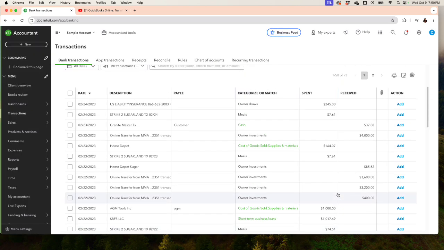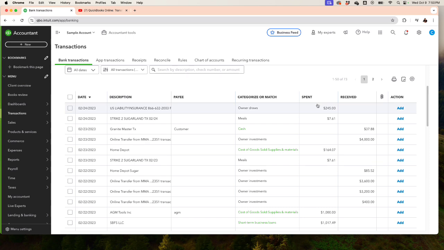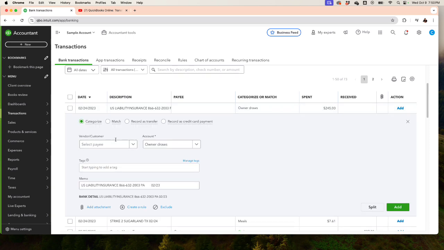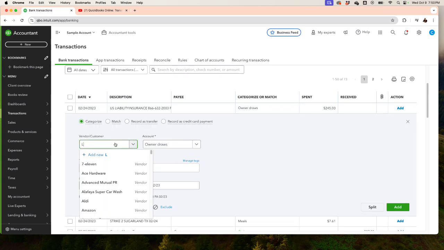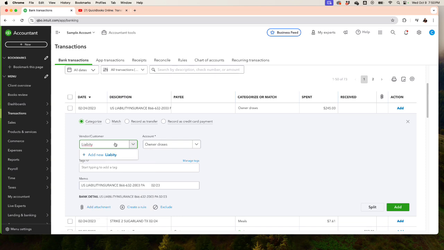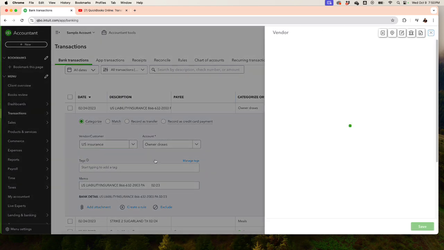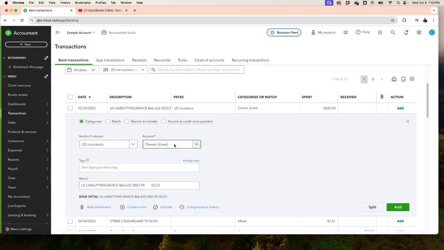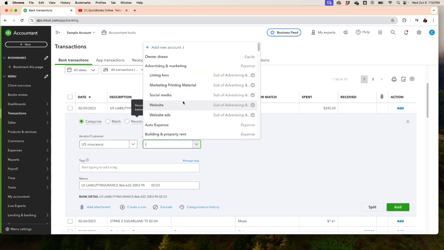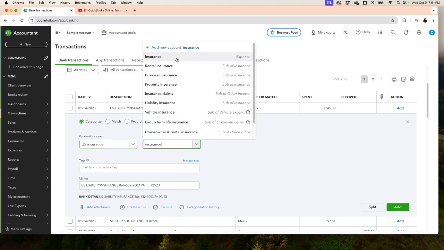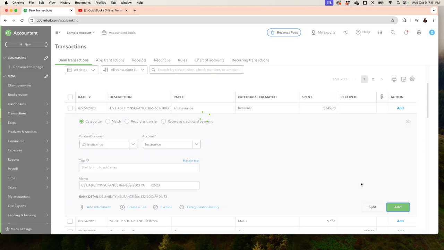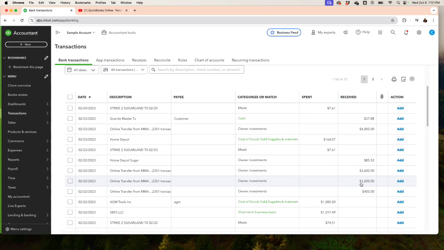Okay. And this one is supposed to be insurance. Okay. So this time I have those transactions back to for review, and I'm gonna categorize them the way that they are supposed to be categorized.